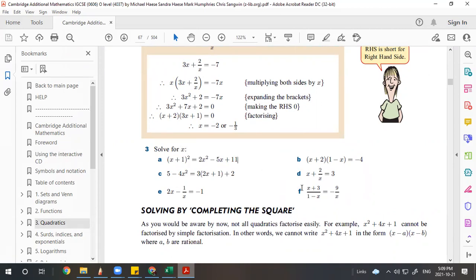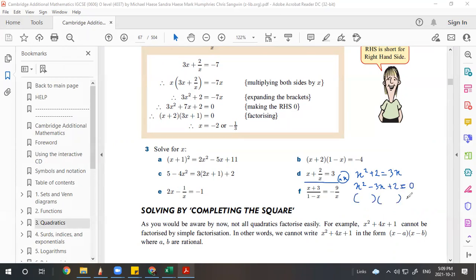And for question F, what you need to do is try to cross multiply. I will give you the idea about D and F, because D and F are quite hard. So for question D, you have to multiply by x. So it will be x squared plus 2 equals 3x, right? And then you put everything to the left side: x squared minus 3x plus 2 equals 0. Then what next?